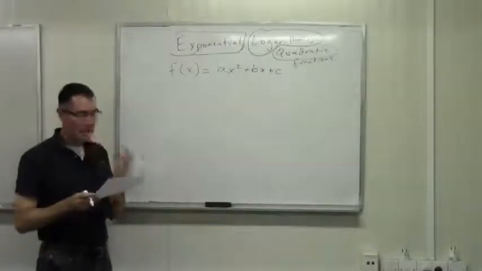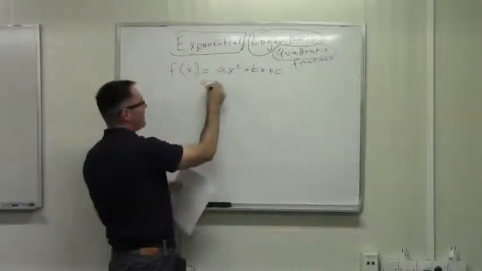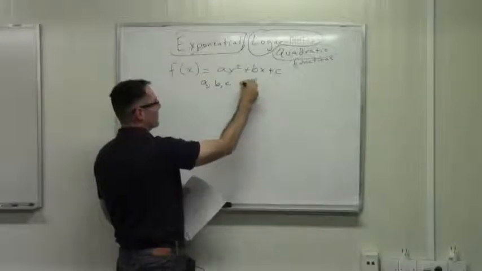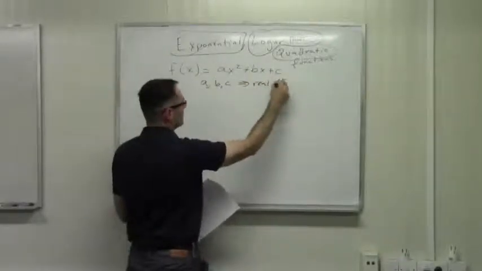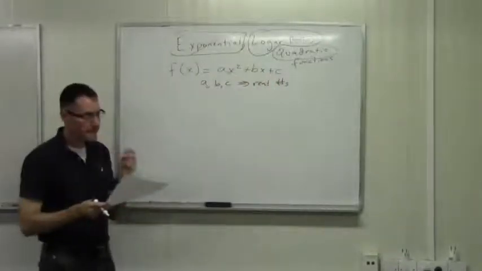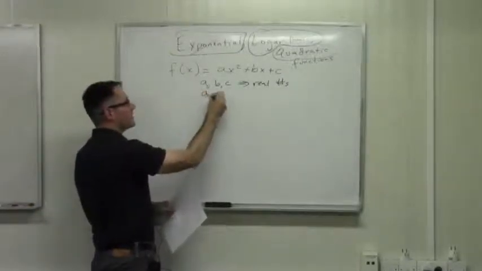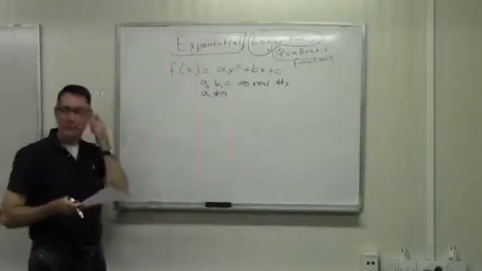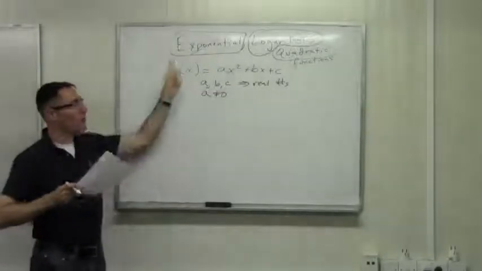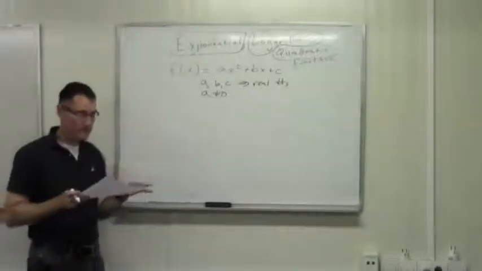Remember, a, b, and c need to be real numbers, and a cannot be equal to 0. Otherwise, it wouldn't be a parabola or a quadratic function. These are parabolas, by the way.